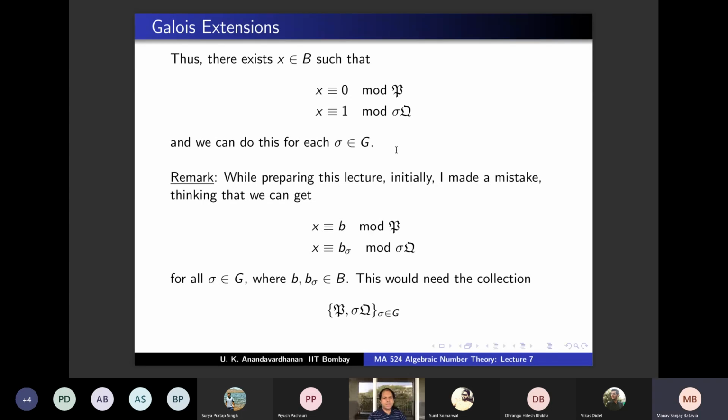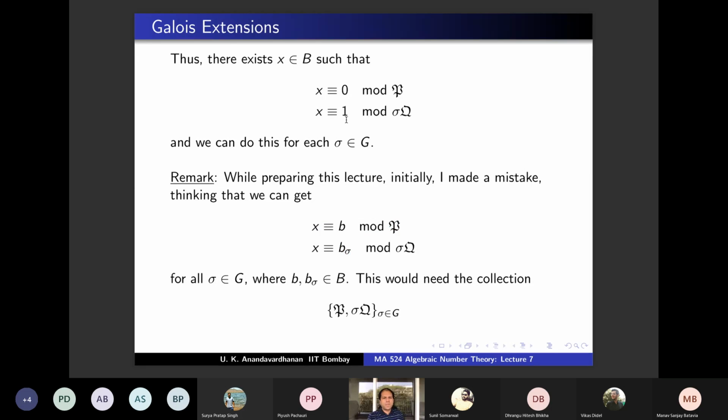How do you know you'll find the same x every time? That's what the Chinese remainder theorem told you, no? Yeah, the Chinese remainder theorem tells us just this much, right? We find an x for this sigma. Correct. But Manav, didn't you make a remark that if B sigma 1 equals B sigma 2, then there's no problem? So we are in that situation, no?